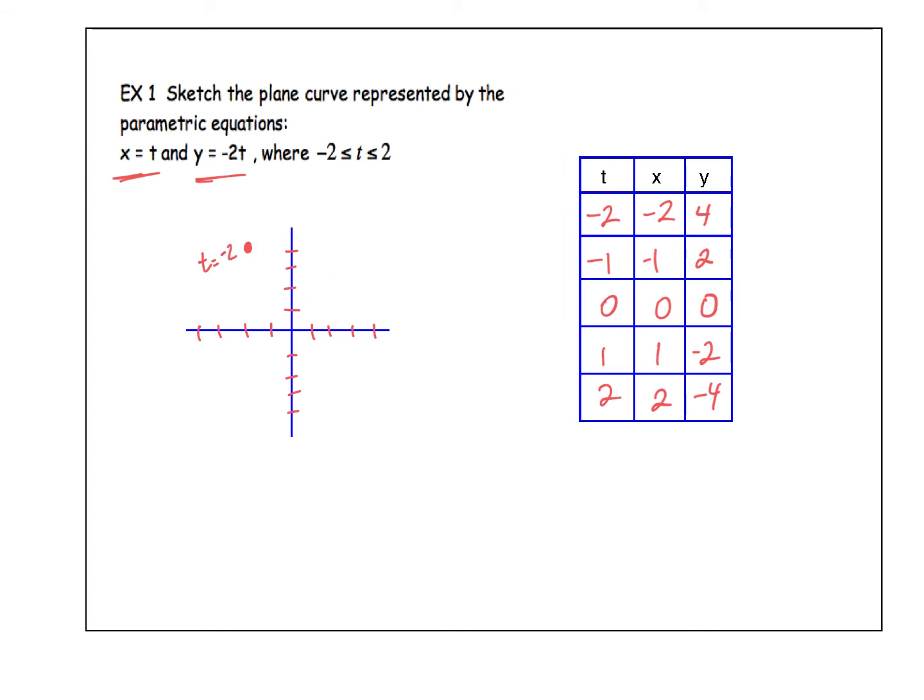My next one is negative 1, 2, and this is when t is equal to negative 1. Then I have 0, 0, so t equals 0. Then we have 1, negative 2, t equals 1. And we have 2, negative 4, t equals 2.